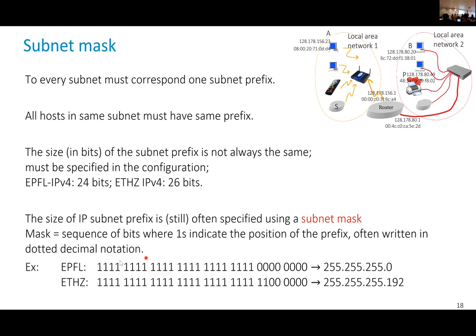Because it's a mask: if you take a sequence of bits, all equal to 1 in the positions that identify the subnet prefix, and equal to 0 in the rest, and you translate that into dotted decimal, you obtain what is called the subnet mask. It's very contorted. It was done 50 years ago. Today we would say /24, but that's how it's done.